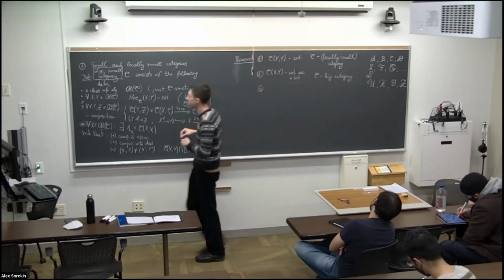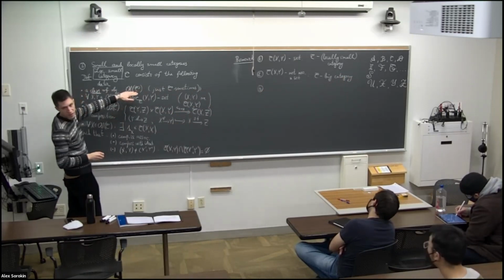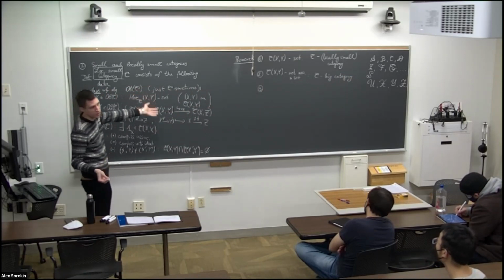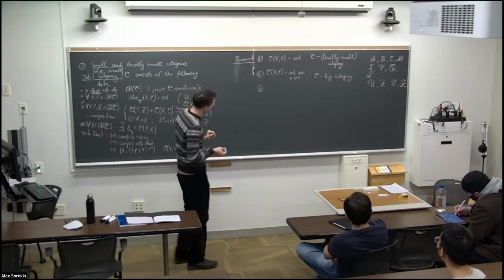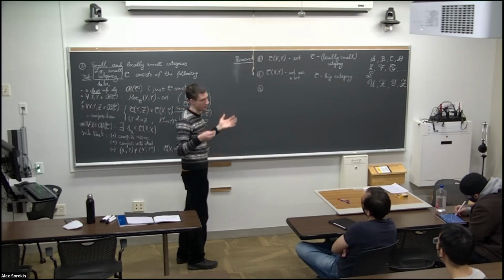Third, I wrote that objects form a class, so we cannot necessarily make a set out of all objects. There can be more than a set.